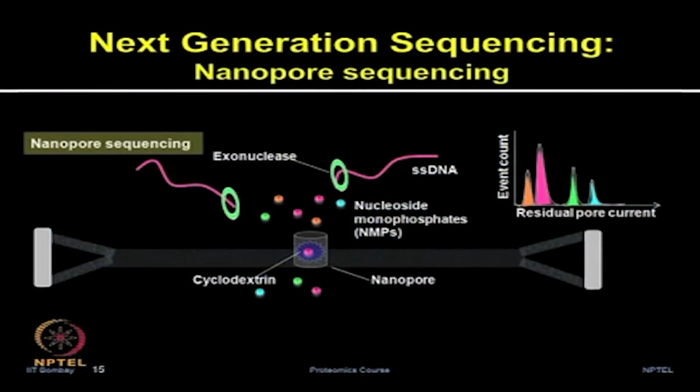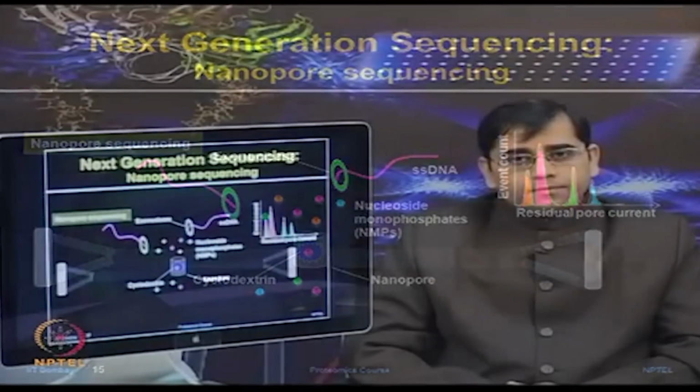The next generation sequencing based on nanopore structures is known as nanopore sequencing, which is shown in this slide. This is a single molecule DNA sequencing technology that does not require any fluorescent labeling and makes use of changes in electrical current produced when single nucleotides pass through the nanopores.